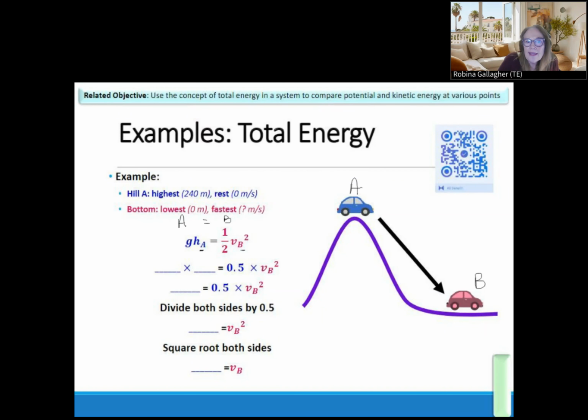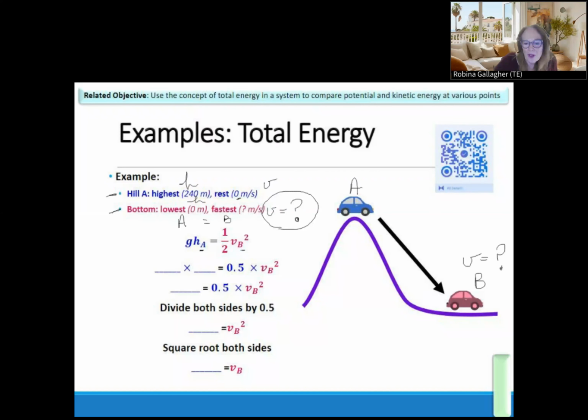At the highest point of hill A, the height is 240. At rest, it is 0 meters per second, so 0 velocity. At point B, the height is 0 and the velocity, oh no, no one knows. This is what I need to calculate and determine, the velocity of the car at the bottom of the hill. So here we go.